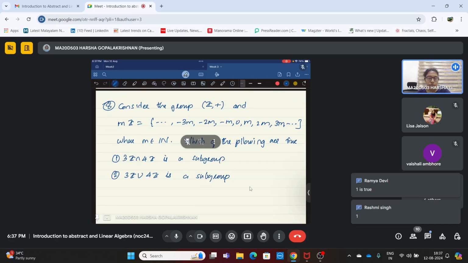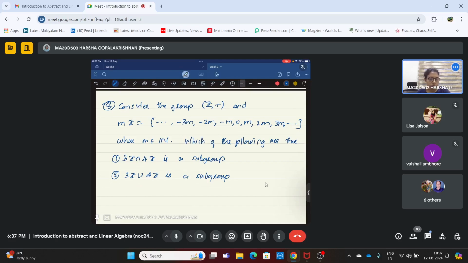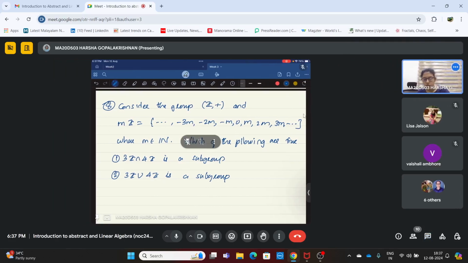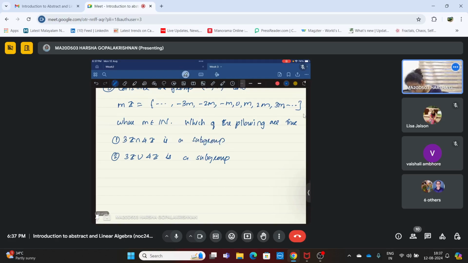And what about 2? This we have seen in the class itself, and a proof is also there in the class.